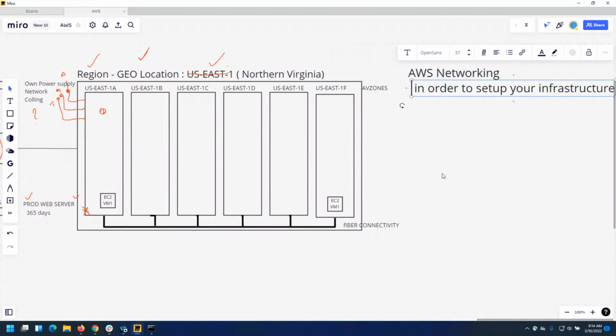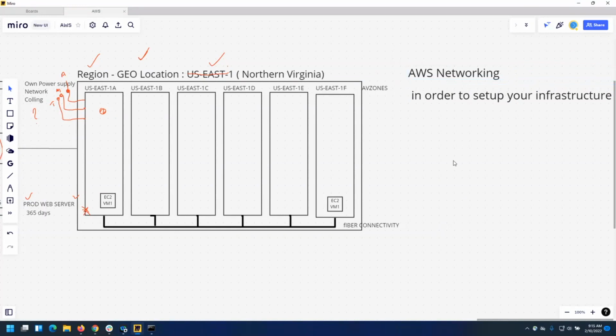Why do we need to focus on the networking in the first place? Why can't we talk about EC2 instances? Why can't we talk about Lambda functions? Why can't we talk about developer tools, CodeCommit, CI/CD pipelines, all those things at the first stage? Why do we need to focus on networking? Any thought process? Anyone?